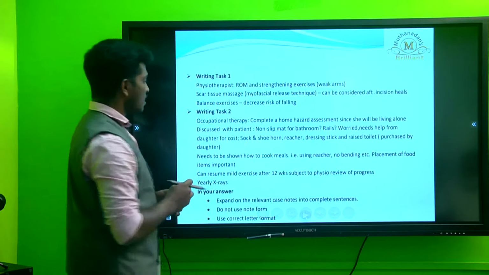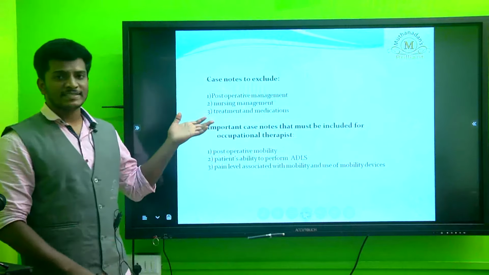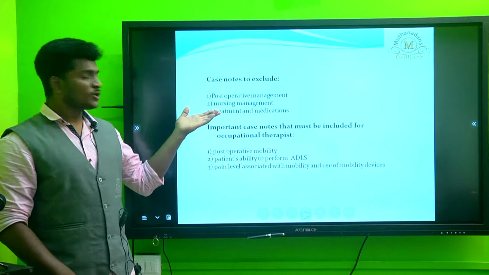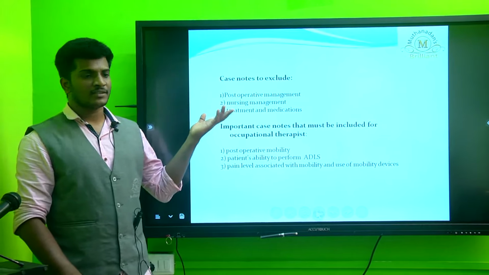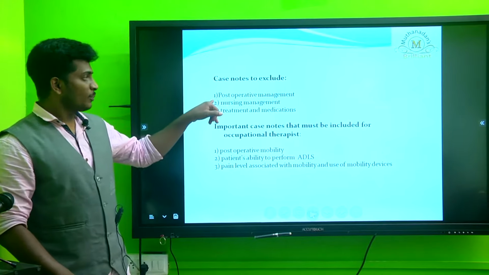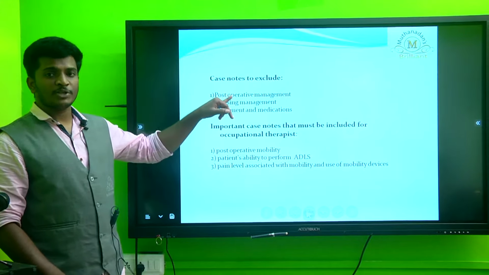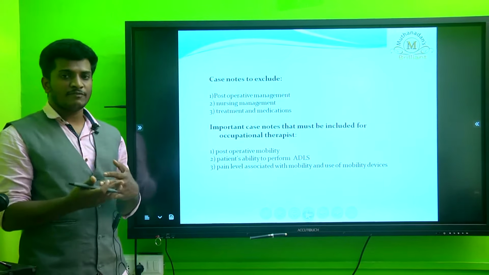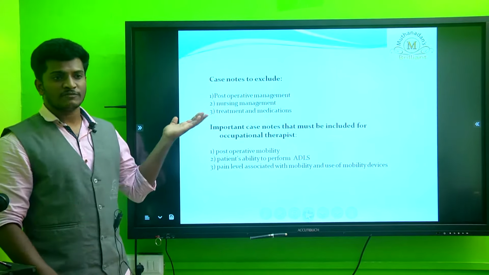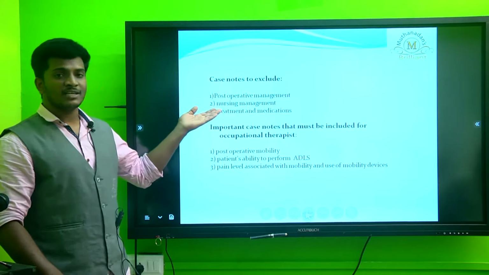Next is, now we'll see the case notes that need to be included for occupational therapist and the case notes that need to be omitted. Post-operative management. Post-operative management in the sense how she was, blood transfusions, IV fluids, antibiotics, all that information you can avoid. Next one is nursing management.